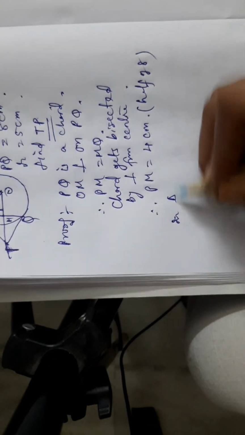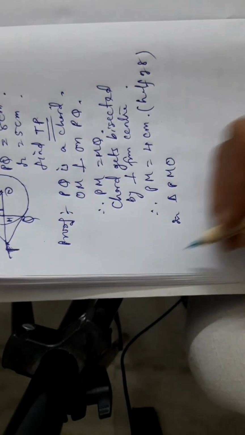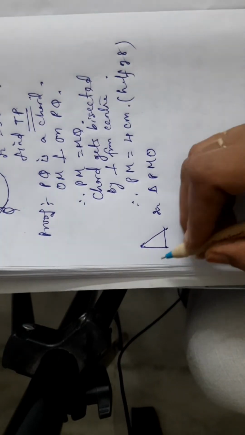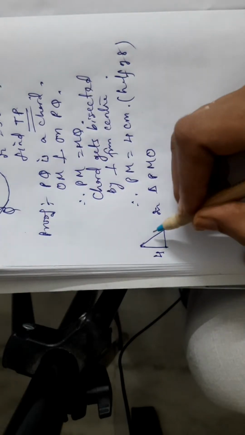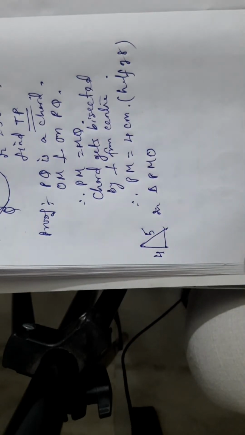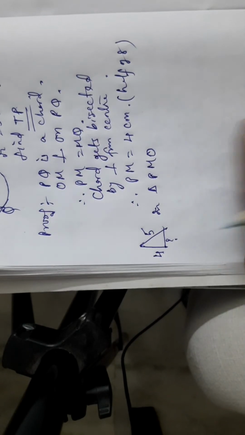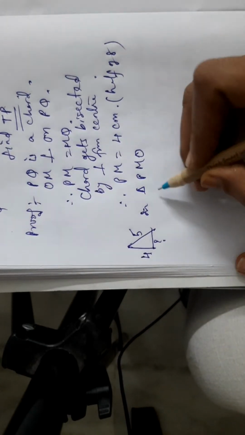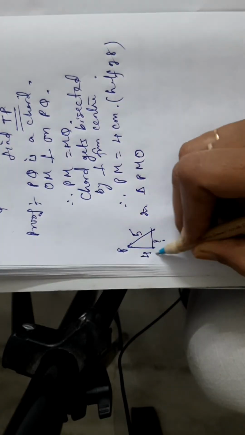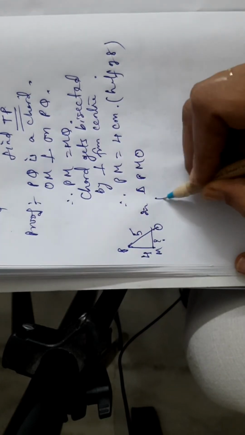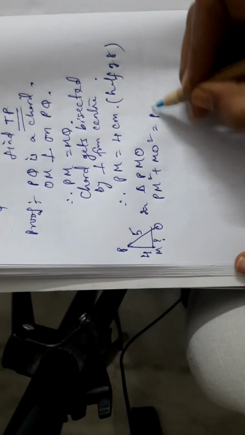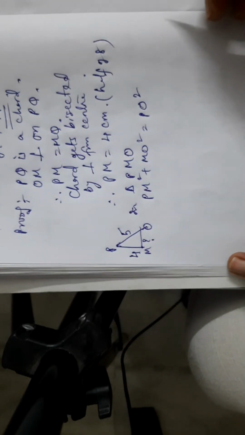In triangle PMO, so make a triangle, so it will be easy for you to solve it. This is 4. Hypotenuse is given 5. We need to find OM value. So here by Pythagoras, PM square plus MO square is equal to PO square.